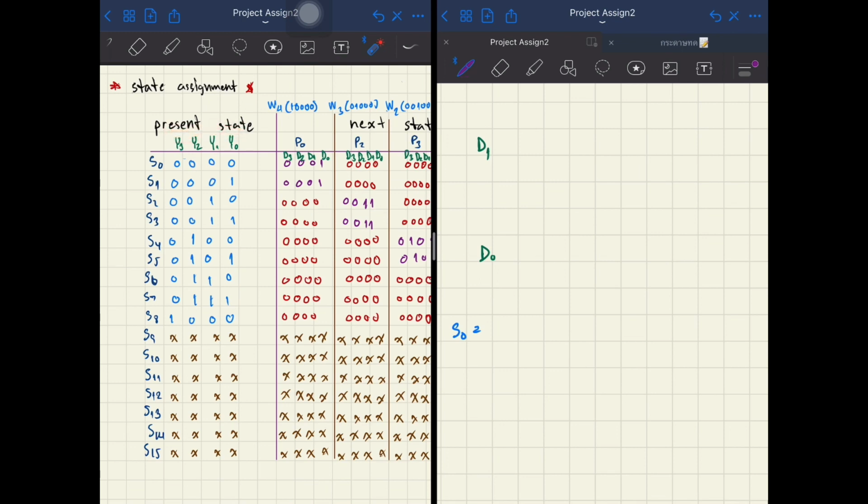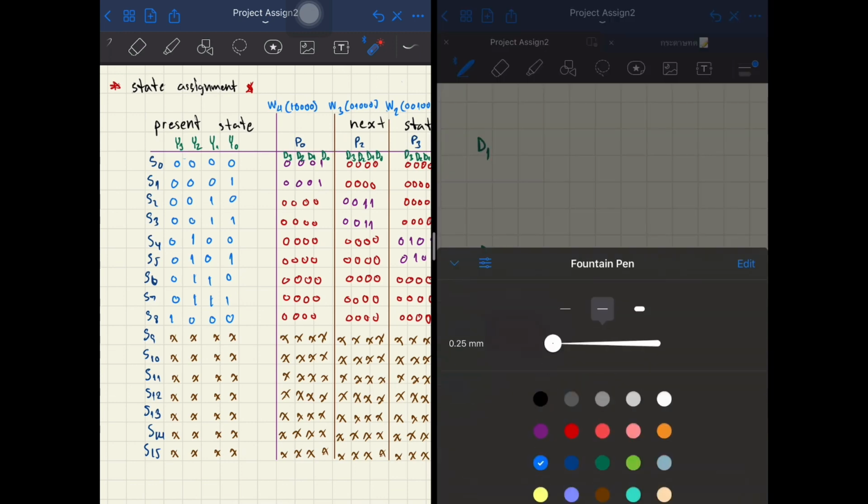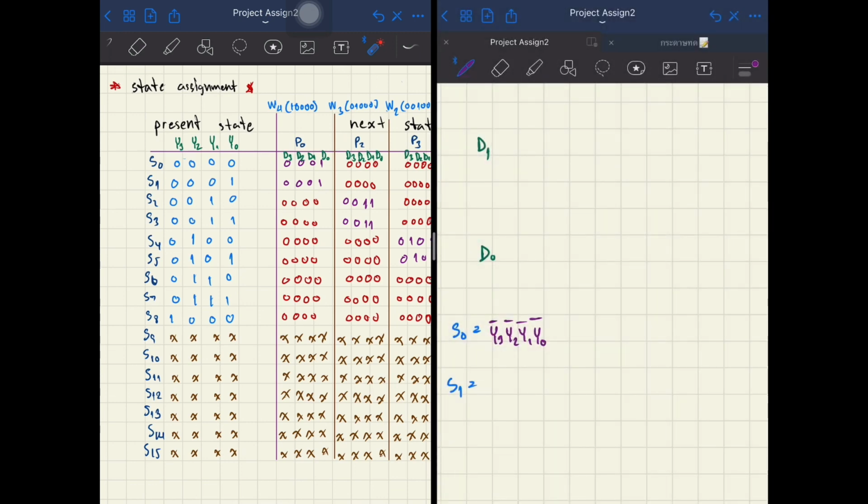So it is y3 y2 y1 and y0, all complemented. What about S1? S1 is 0 0 0 1, so we put a complement at y3 y2 y1, right? So it is y3 y2 y1 y0, and we give the complement to y3, y2 and y1.